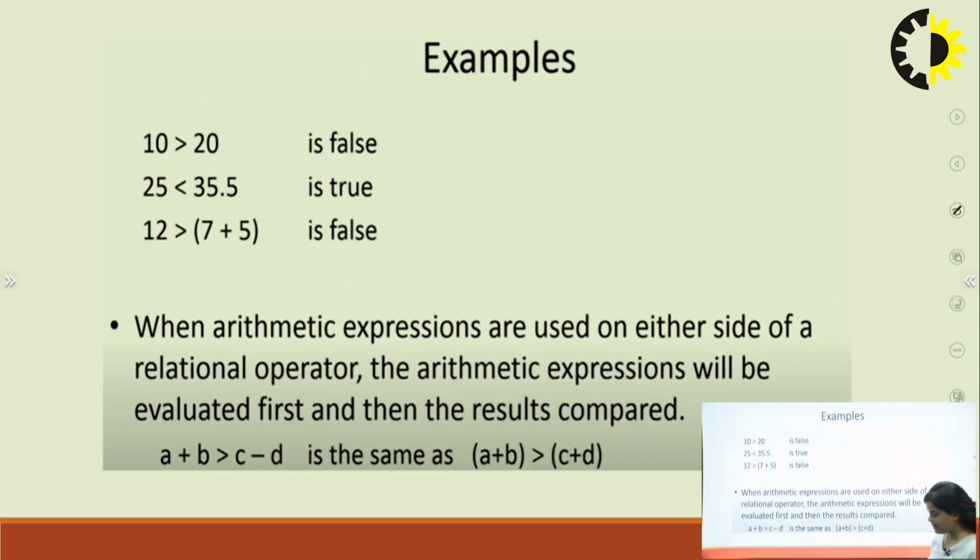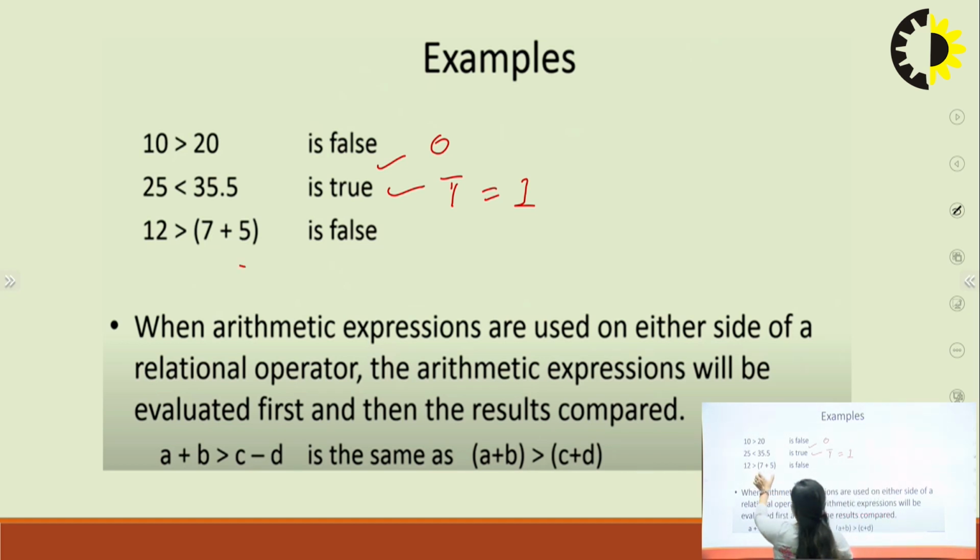Now, see some examples, which I already told you in the previous slide. 10 is greater than 20 is false. What will it return? 0. 25 is less than 35.5, correct, returns true, which is 1. Now, here is a bracket.